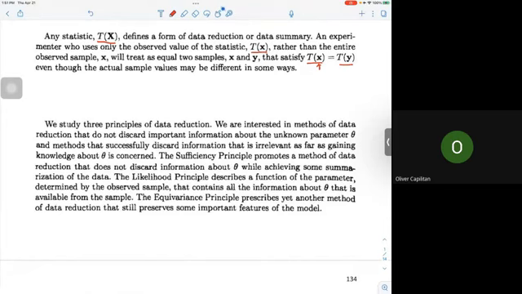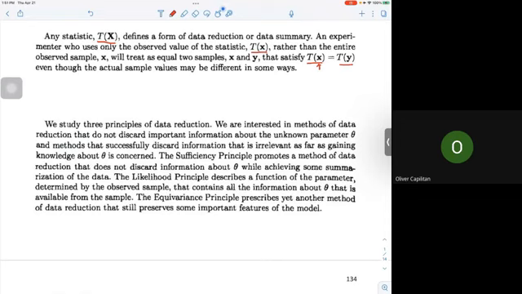So we have the sufficiency principle. That's the first one. It promotes a method of data reduction that does not discard information about the unknown parameter theta while achieving some summarization of the data.